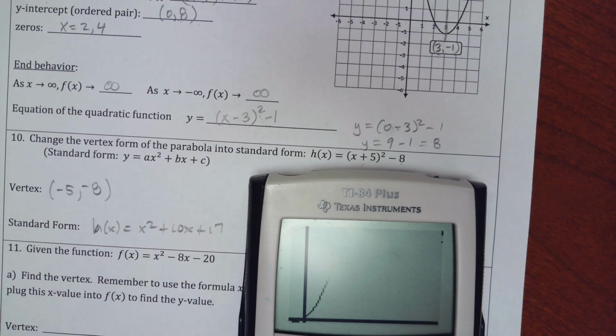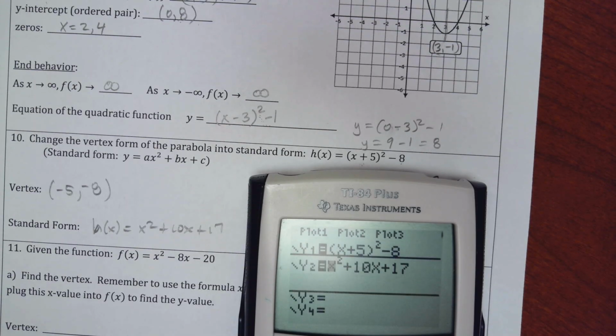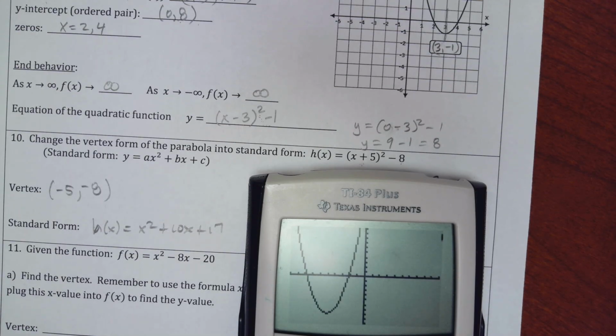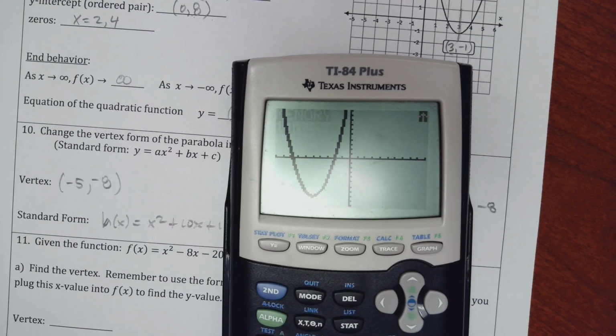And you should see the same graph appear. Well, you don't see a second one, right? So you know it's the same. And what you can do is go down here, and if you go over to the left, you press enter and it makes it like a thick line. So that way when you graph the first one, the second one is like a nice thick line, so you can kind of see the difference. Okay, all right, I'm going to reset my calculator.